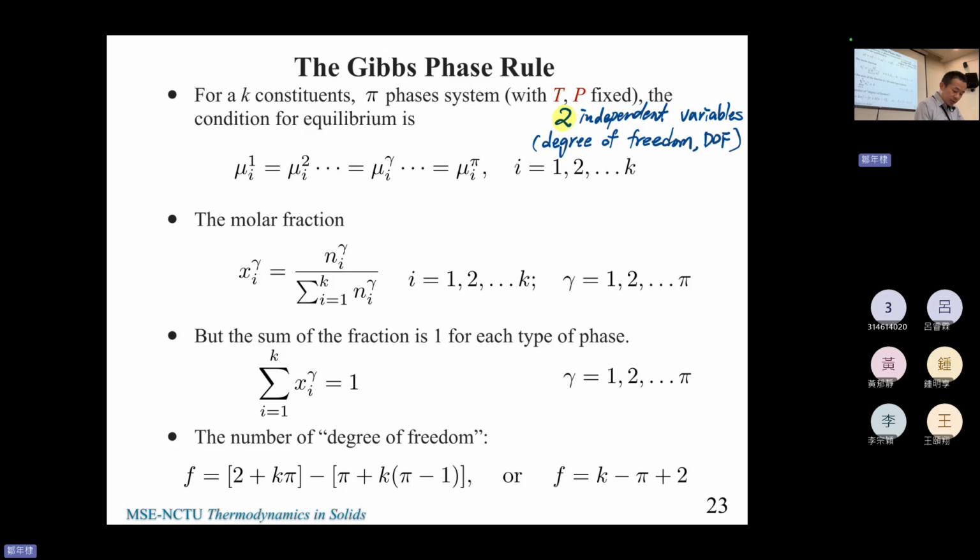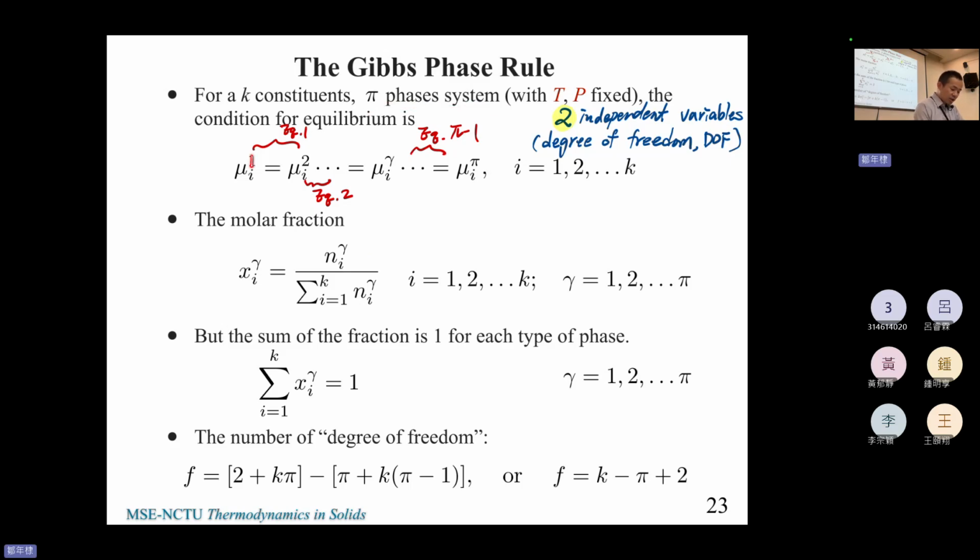So you can see that here, one equation, right? So it's equation 1, and there is equation 2, and so on up to equation pi minus 1. You have pi phases.